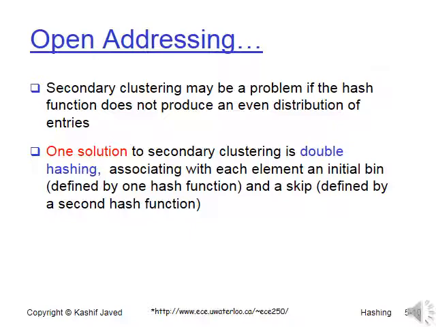What this implies is that double hashing uses a second hash function when a collision occurs. The second hash function should never evaluate to zero.